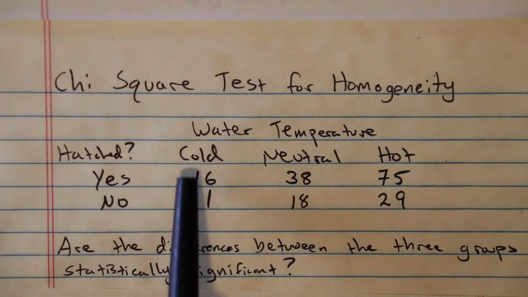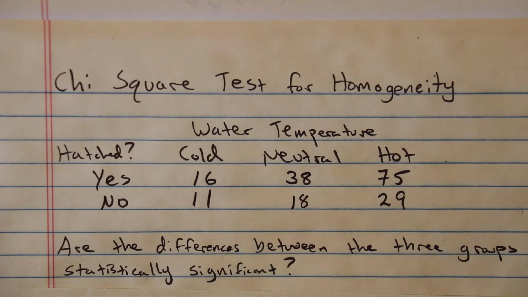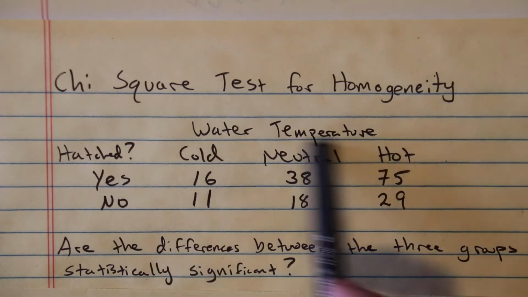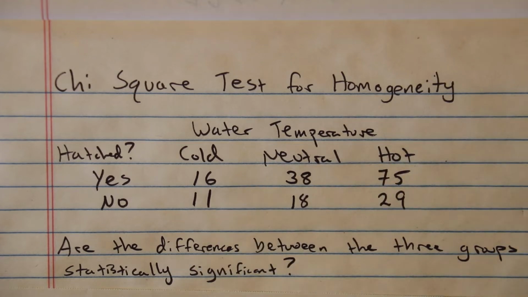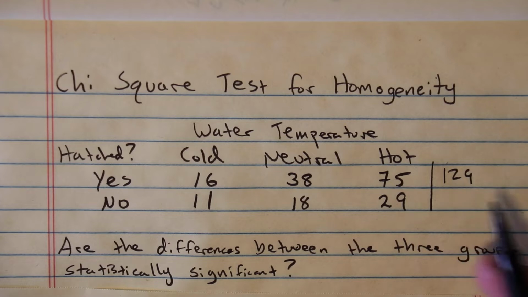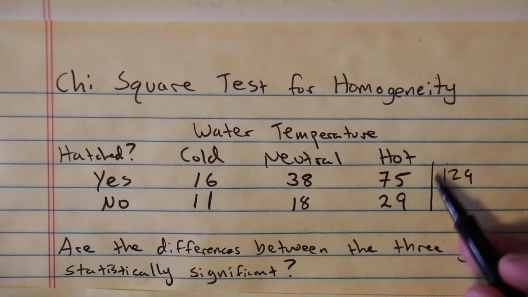In other words, does the temperature of the nest really influence the proportion that would hatch, or could these have happened simply by chance alone? In other words, we had a total of 129 python eggs hatched in general.